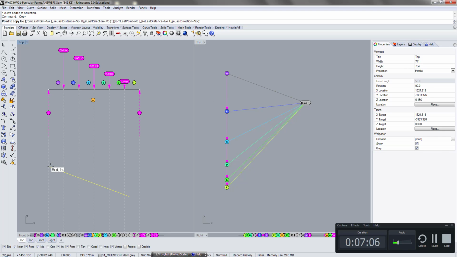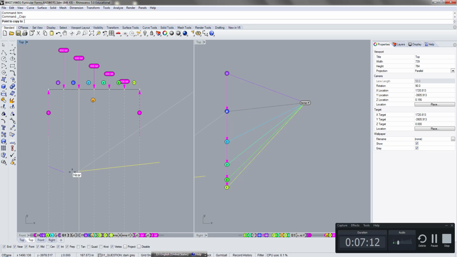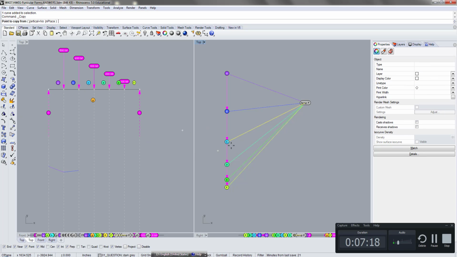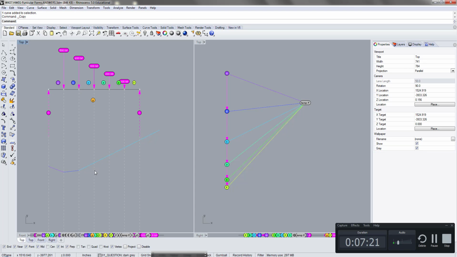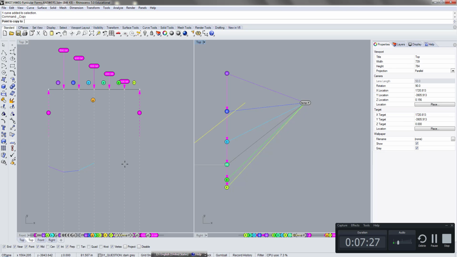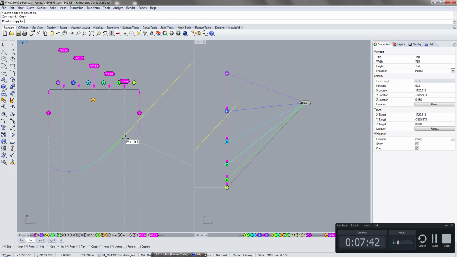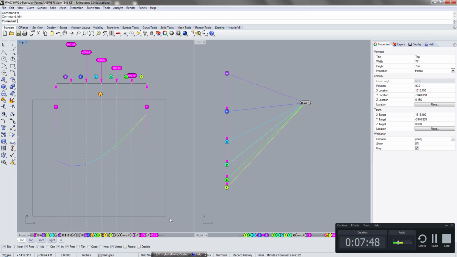We would start drawing this temporary force polygon, or the form diagram, and you get some kind of a diagram here.